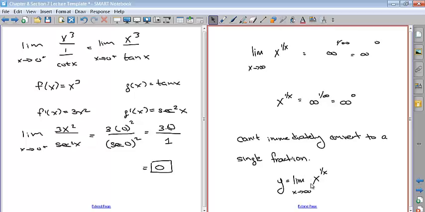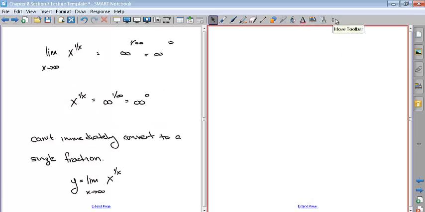So is there any way I can convert this into a fraction or into a product that I can convert into a fraction? Well, this is where you have to use logarithmic differentiation. So what you do is you take the logarithm of both sides, including the limit. So you can take the limit inside.